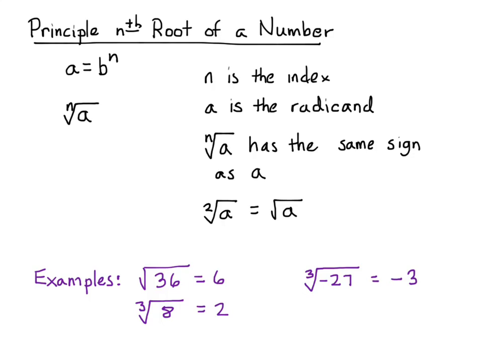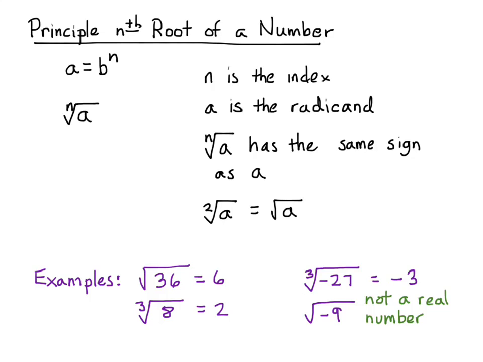Now the cube root of negative 27 is negative 3. Notice by my definition that the cube root of a number has the same sign as the number. So if a is negative 27, the cube root is negative 3. But this only works in certain cases because we can't take the square root of a negative number. What we get is a complex or imaginary number.